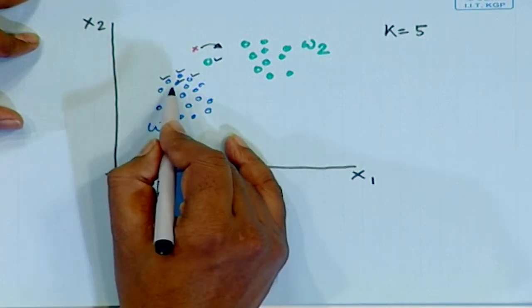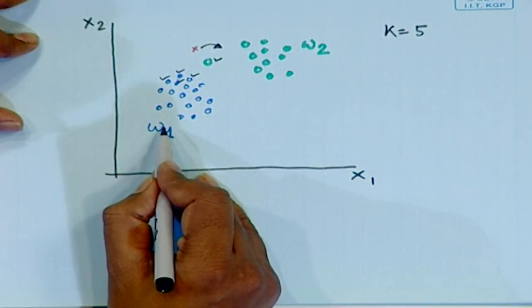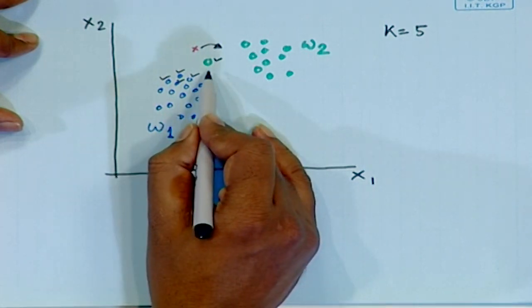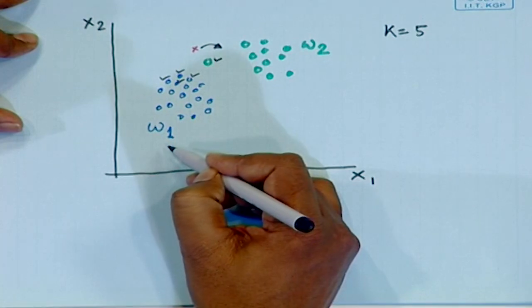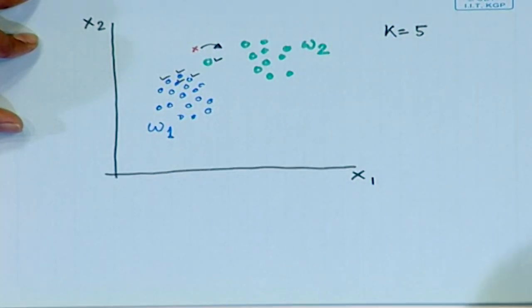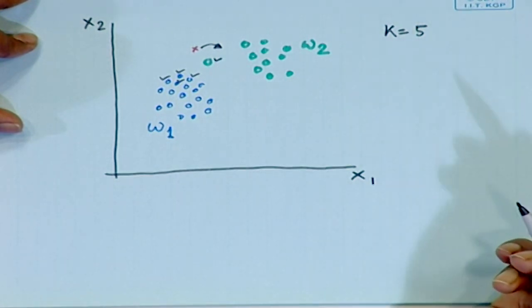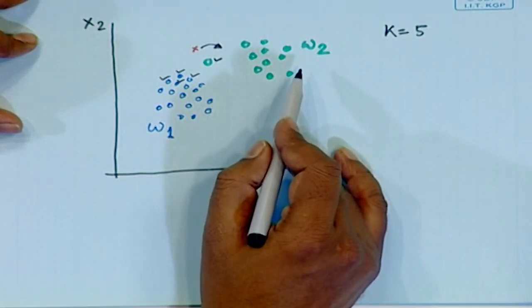Out of 5, you find that 4 samples come from class omega 1, and I have only 1 sample from class omega 2. So, it is class omega 1 which is maximally represented in those 5 training samples. So, I have to classify this unknown sample x to class omega 1 rather than class omega 2.